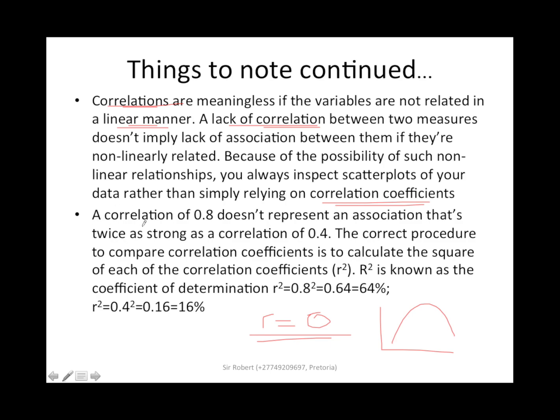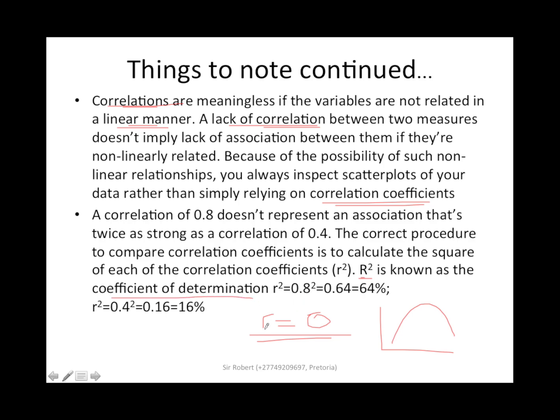Last thing, a correlation of 0.8 doesn't represent an association that is twice as strong as a correlation of 0.4. The correct procedure to compare correlation coefficients is to calculate the square of each of the correlation coefficients, which is R squared. R squared is known as the coefficient of determination.